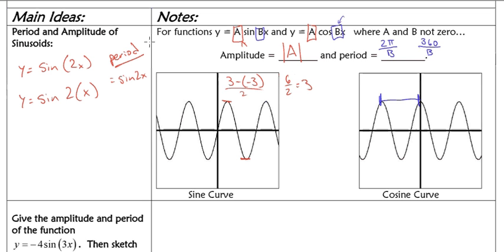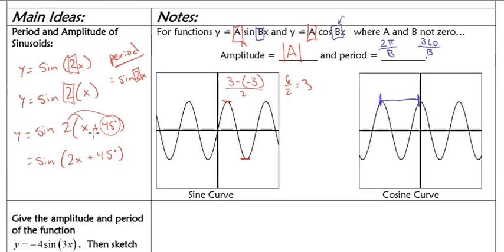So the period is going to be the same either way, because the b value is the same in any of those situations. However, if we had y equals sine of, let's say, 2 times x plus 45 degrees, that is not going to be the same thing as sine of 2x plus 45 degrees. Notice if we were to distribute that 2 in, that would change the 45 degrees. However, the 2x, the b value, and just the period itself, would be the same either way.